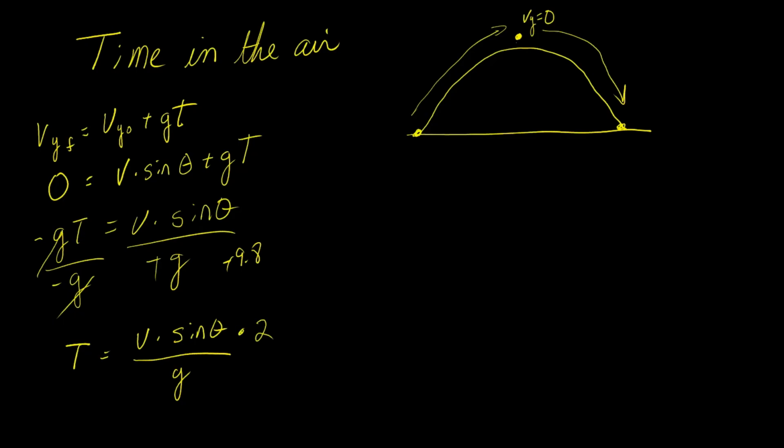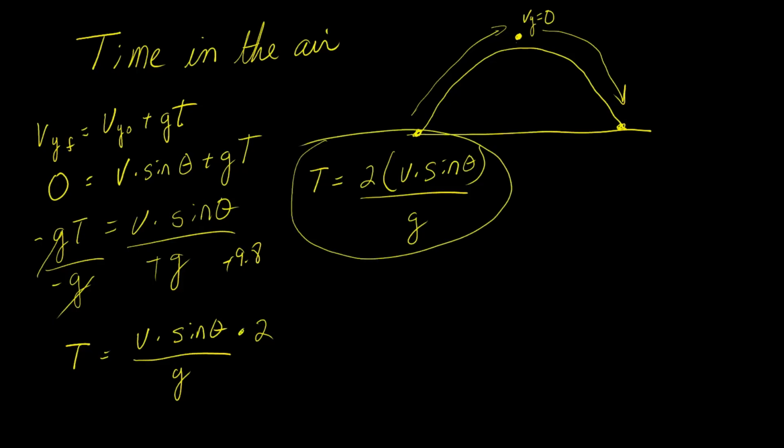To clean this up a little bit, we'll say then that time is equal to 2 times velocity times sine theta divided by g. All right. There is another way of solving this, which is more universal than this formula. So let me show you that way.